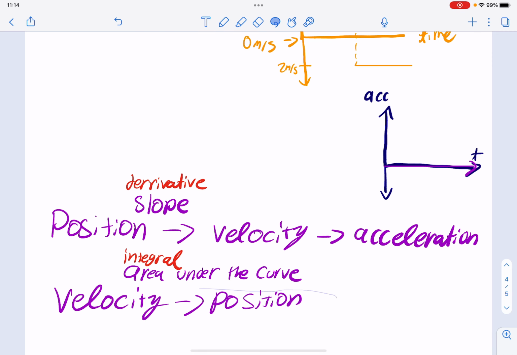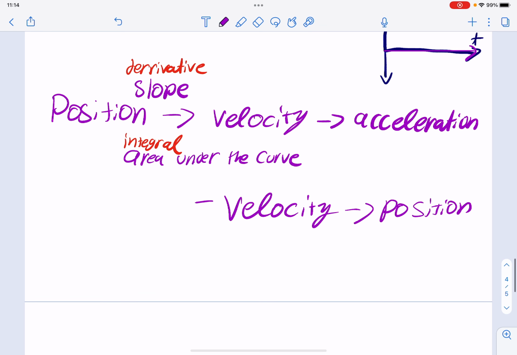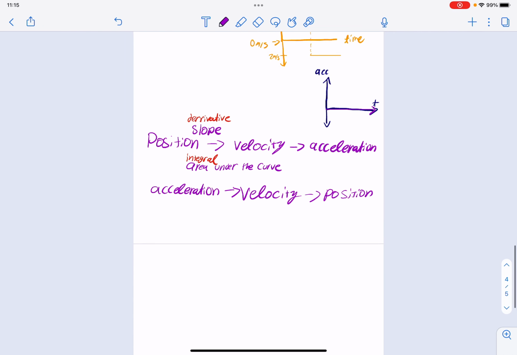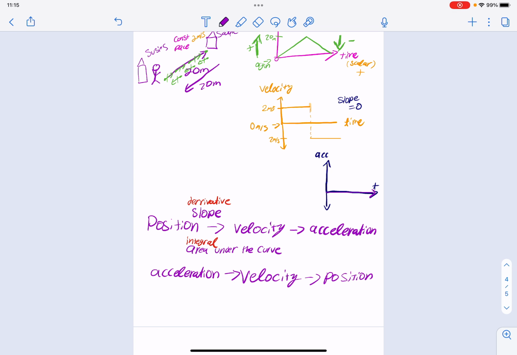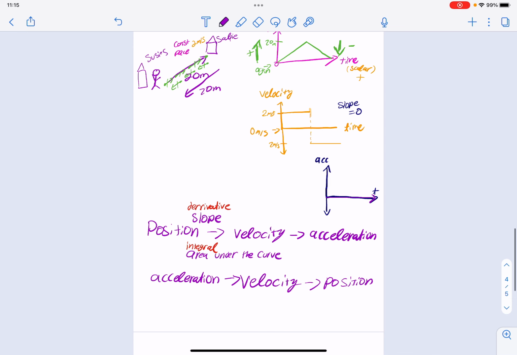And from acceleration to velocity, it would also be the area under. Now, the cool thing about these graphs is that these trends continue no matter what. Whether speeding up, slowing down, any of these situations, we're going to have the same exact thing, right?